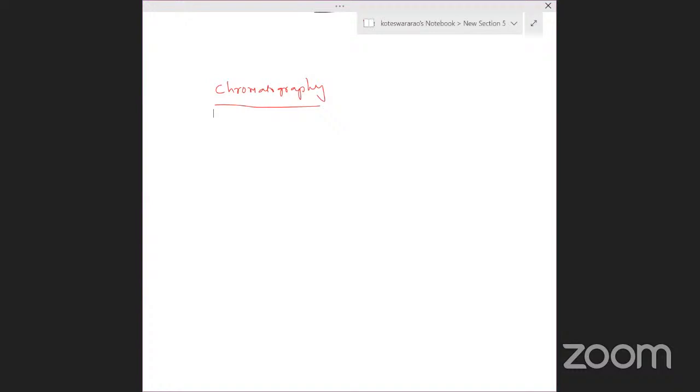That means one is stationary, while the other one is moving. The fixed one is called the stationary phase, and the moving one is the mobile phase.